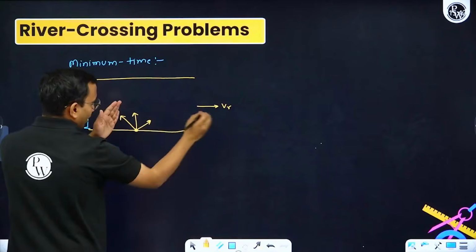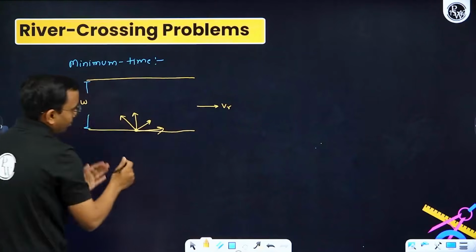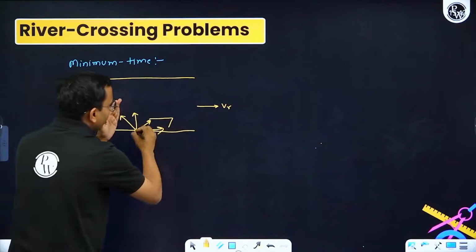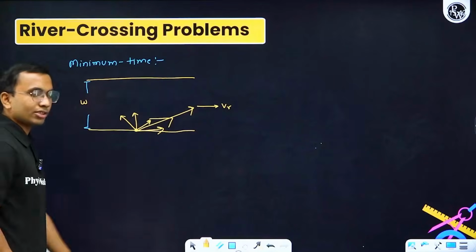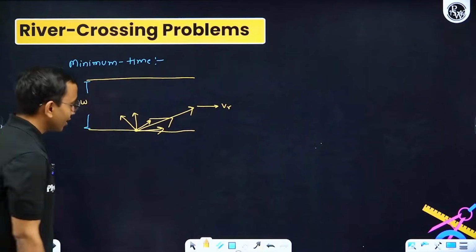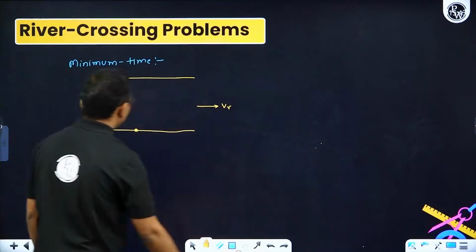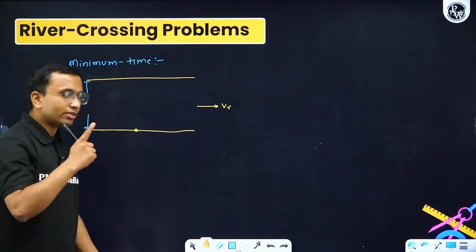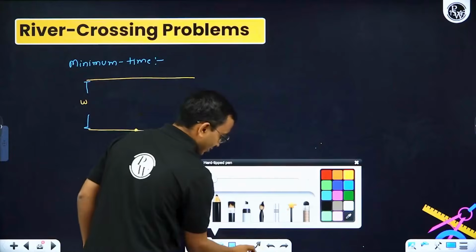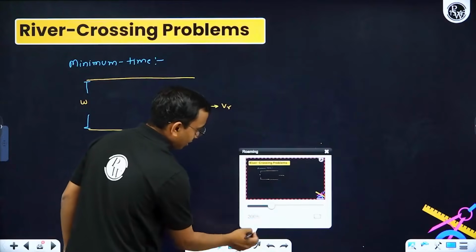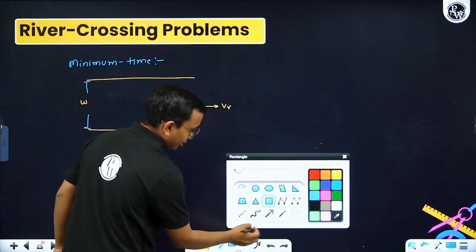And when he swims, the velocity of the river also will add up, and he will move in the resultant direction, somewhat like this. So how should he swim so that he can cross the river in minimum time? To cross the river in minimum time, let me take the axes.